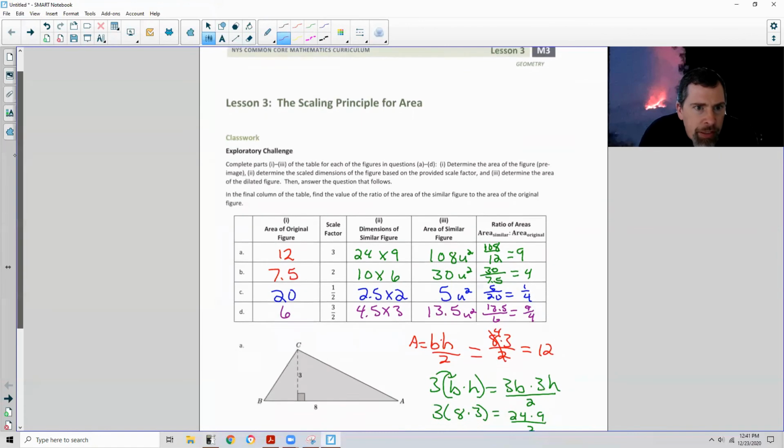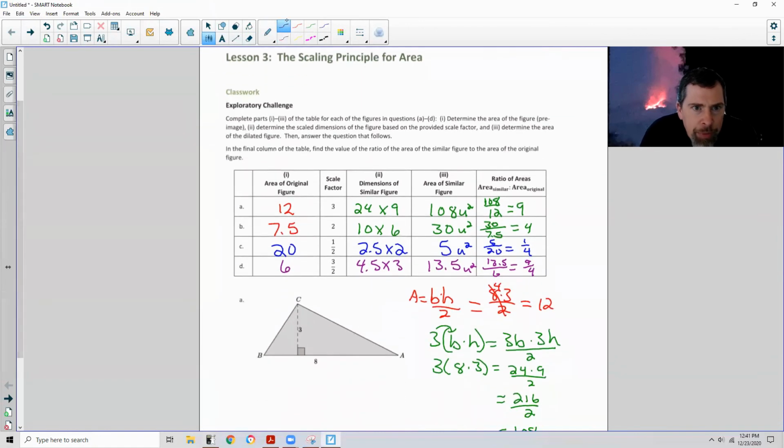Because what this lesson is showing us is, look what happens. If we have an area of 12 and we scale the sides by a factor of 3, then the area factor changes by 9, which is 3 squared. If we take an area of 7.5, and we double the lengths of the base and the height, then we get 30, which comes out to be 4, which is 2 squared.